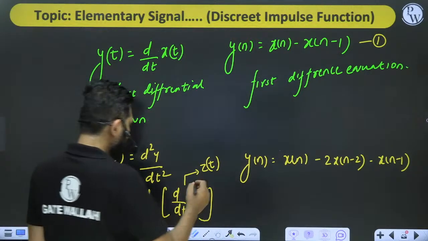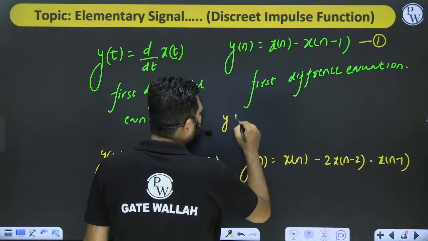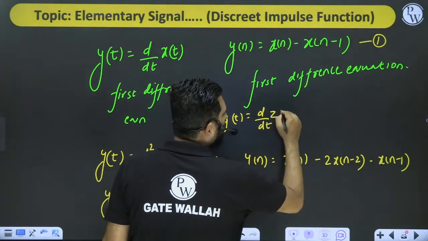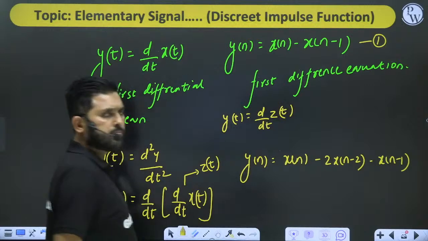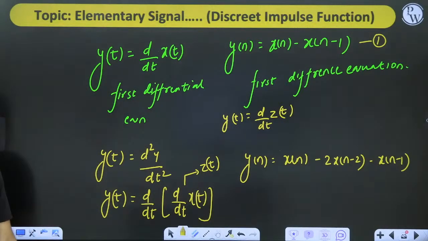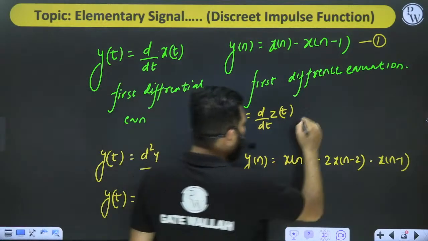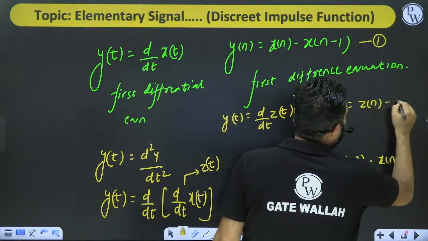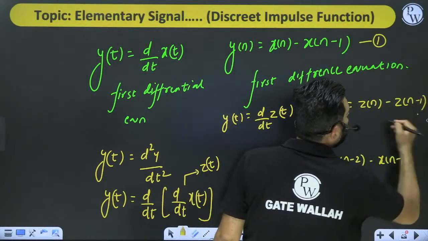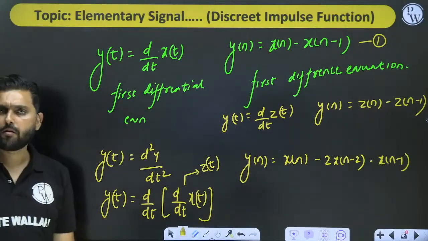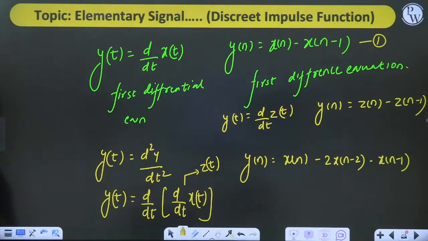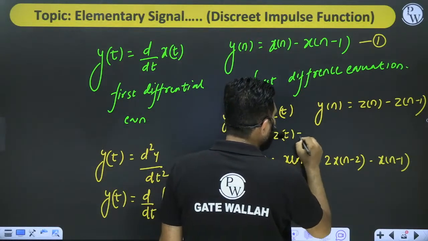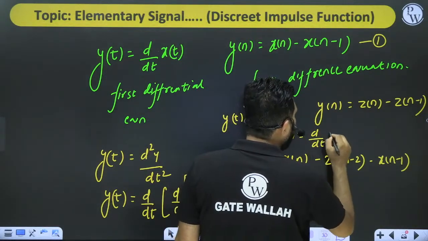Then this y(t) can be d by dt of z(t), yes or no? So this y[n] can be z[n] minus z[n minus 1]. But what is z(t)? z(t) is d by dt of x(t).